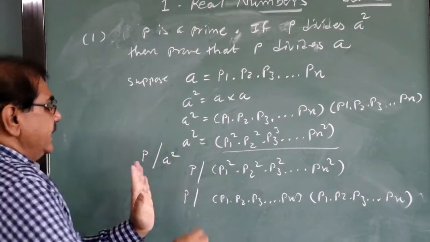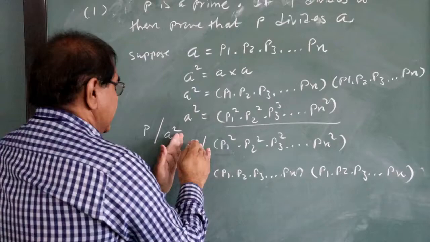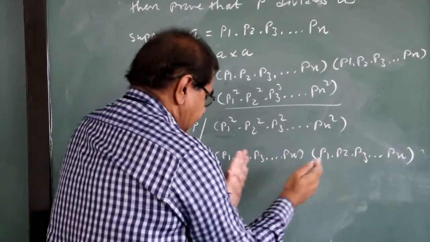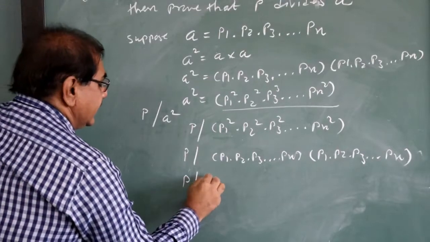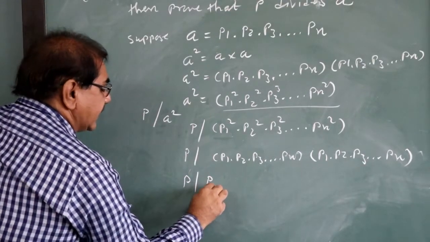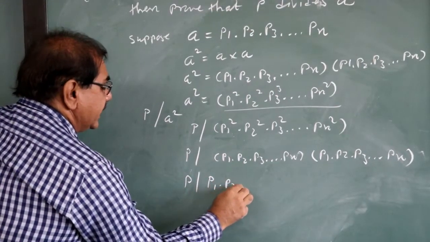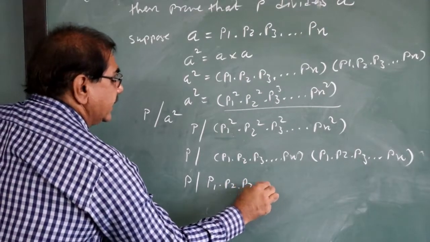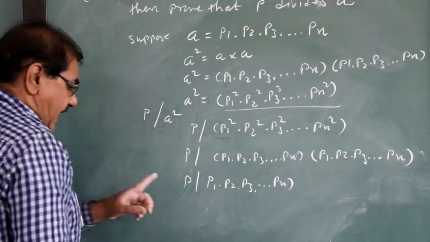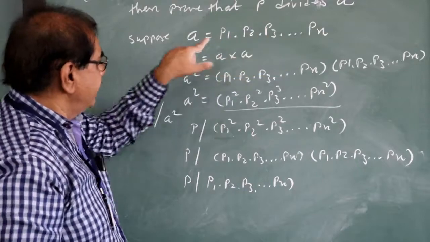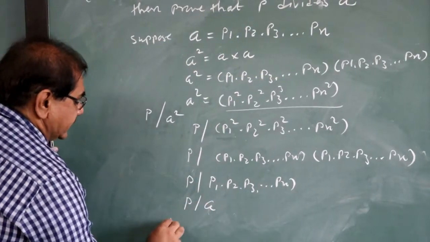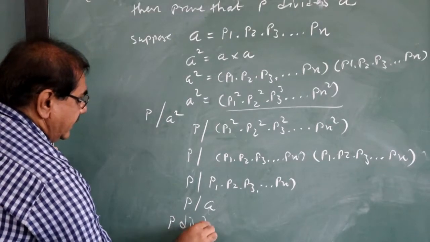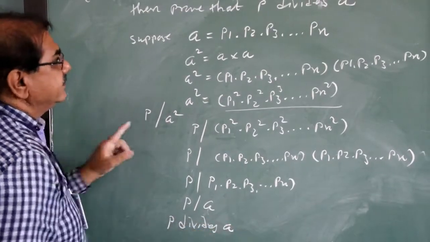So P is a factor of this, that means P is a factor of this and this, but these both are the same number, so I can say P is a factor of P1 into P2 into P3 into dot dot dot Pn, and this is what? It is the number A, so I can say P divides A. So therefore P divides A.